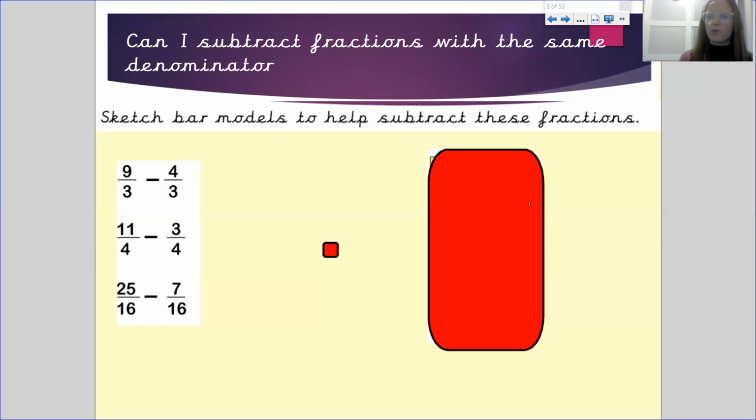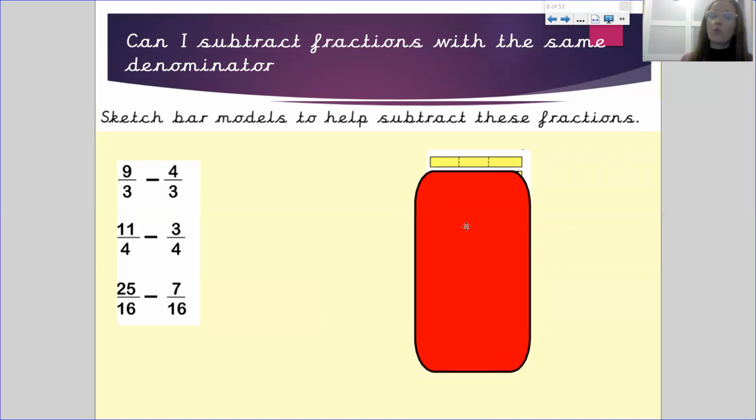Again, using your bar models, I would like you to answer the following questions. 9/3 minus 4/3, 11/4 minus 3/4, 25/16 minus 7/16. So again, using a ruler, draw your bar models. You may need to draw more than one.